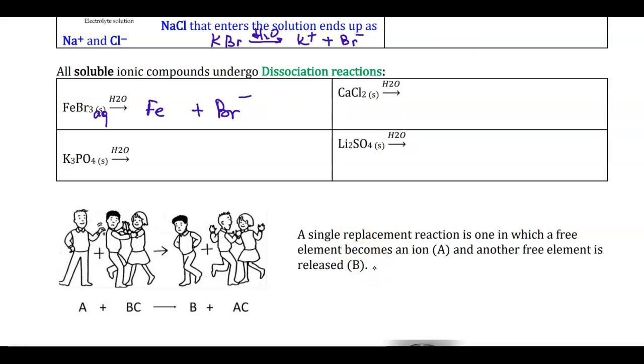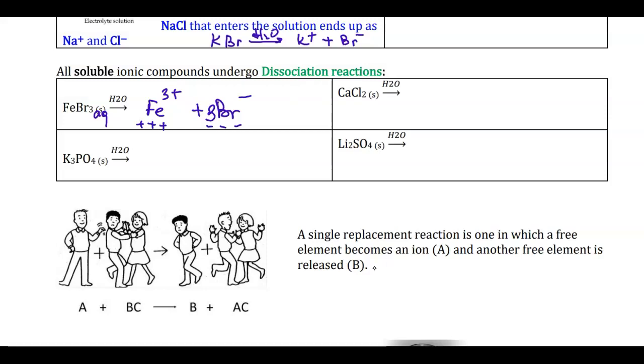Subscript 3 shows us that there will be 3 bromide anions, that gives us 3 negative charges, okay? And we need 3 positive because the whole compound is neutral. One atom of iron here gives us 3 positive charge. Okay, this is dissociation for iron 3 bromide.